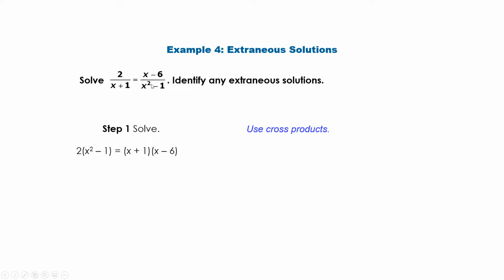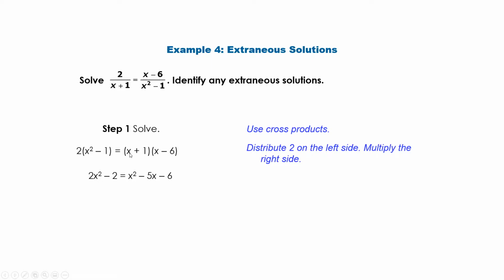So 2 times x squared minus 1. And then you have x plus 1 times x minus 6. Distribute 2 on the left side, then multiply the right side. So 2 times x squared, that's 2x squared. 2 times negative 1 is negative 2. Here, we have to distribute the x plus 1 to both x and negative 6. And then simplify.